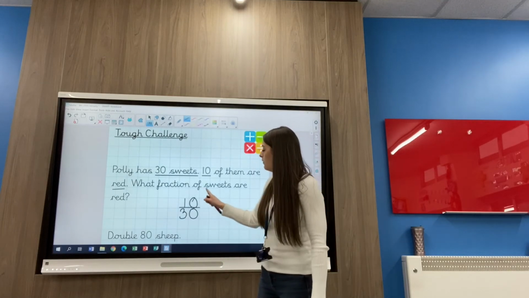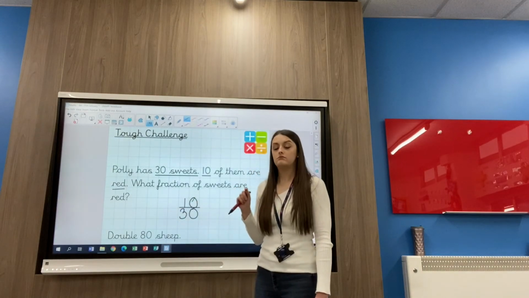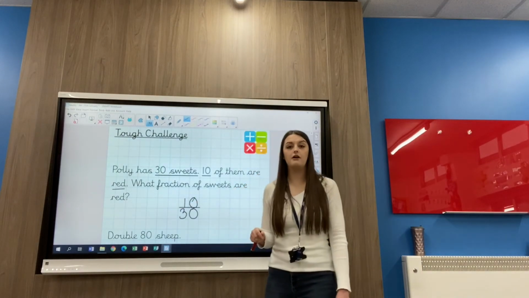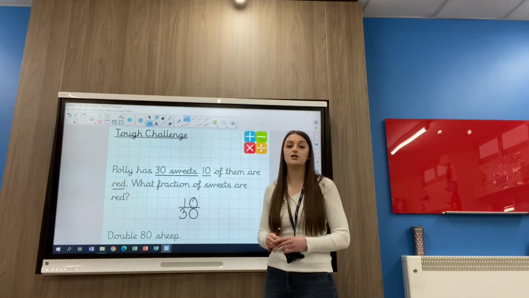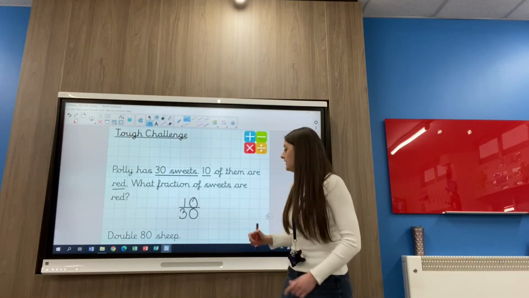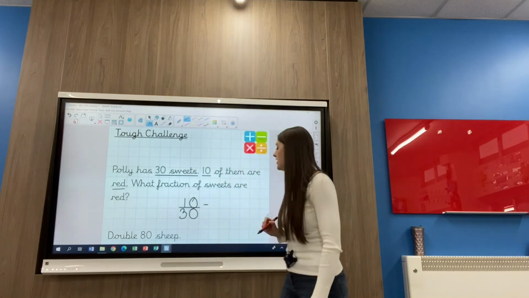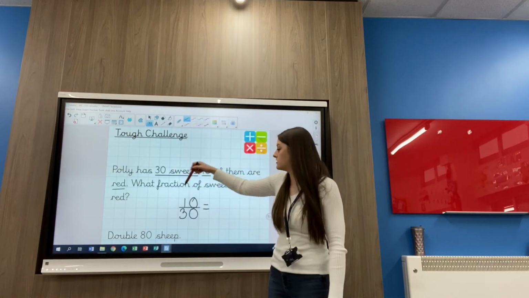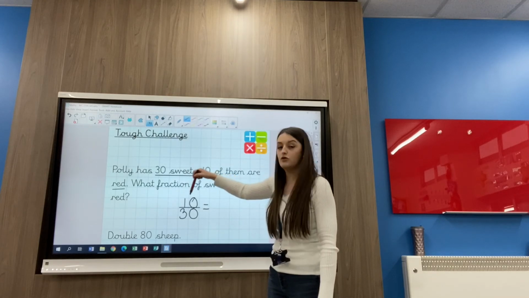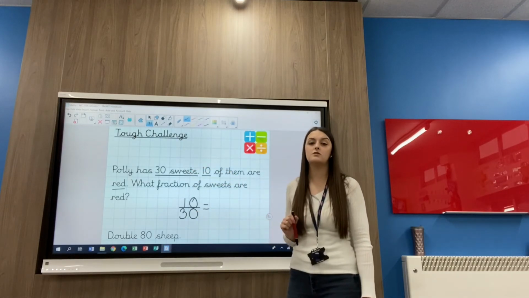Now, we can write that as a fraction, that makes sense, that's fine, but some of you might want to go one step further and simplify the fraction that you get. Now, when we simplify our fraction, we've got to treat the numerator, the number at the top, so those 10 sweets, the same as my denominator at the bottom.